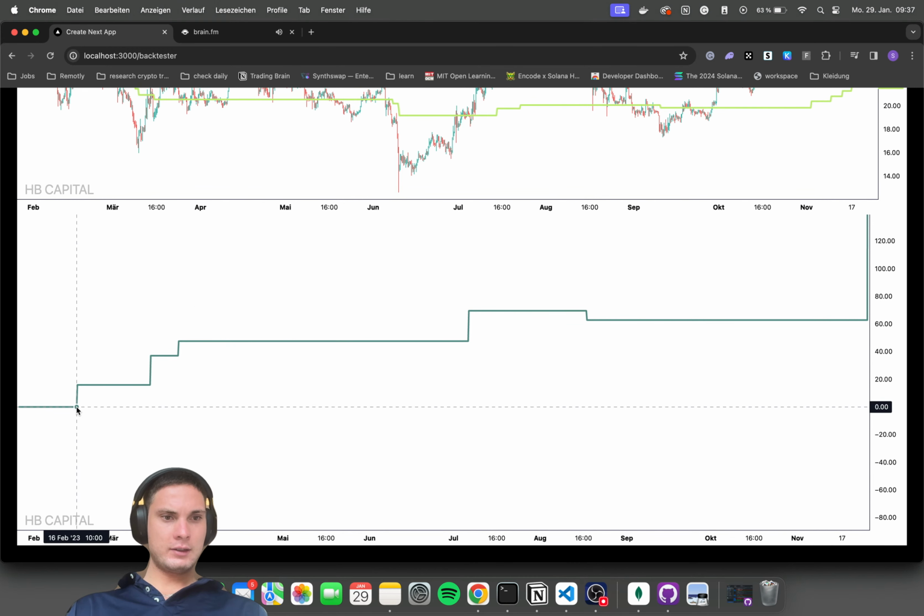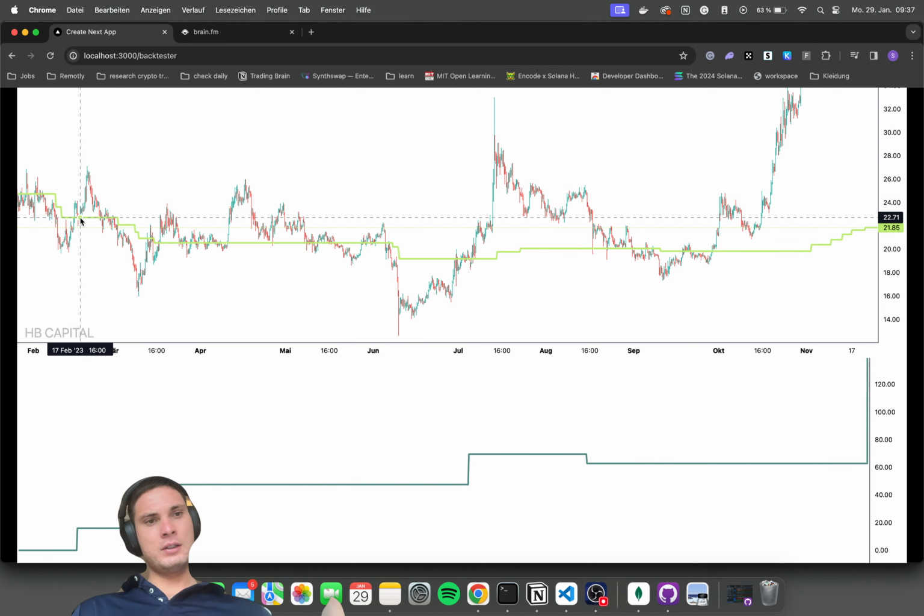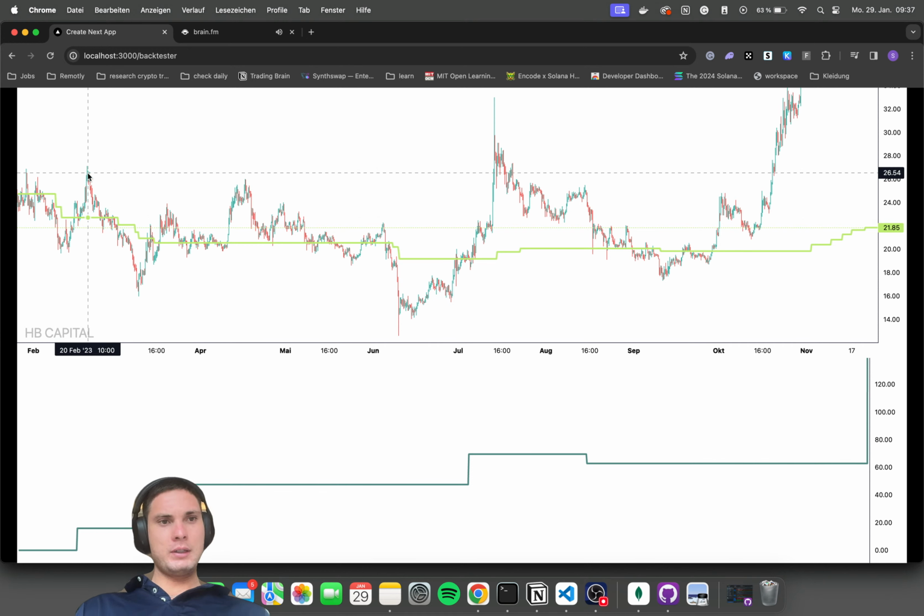I guess that's the 16. Should be here. Right. No. Okay, so we went up and then we scale down because we go down again. But it didn't go down enough to have another buying opportunity, so we went up.